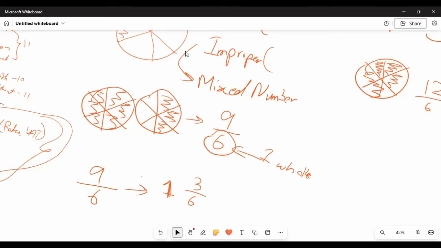So for this mixed number, it's going to be a mixture of a whole number plus a proper fraction. Are you okay with this? Any questions or any doubts so far?